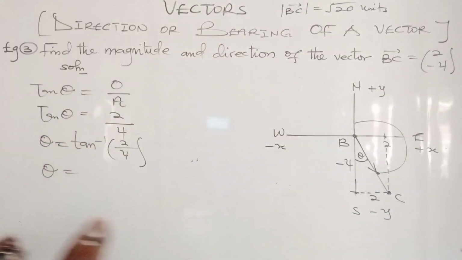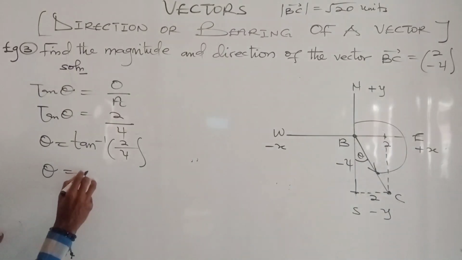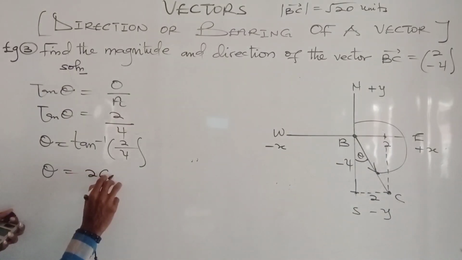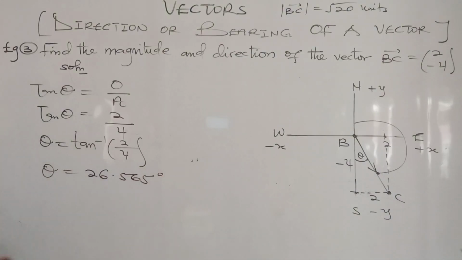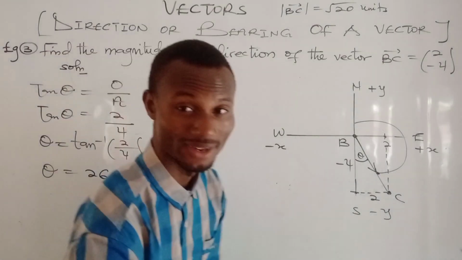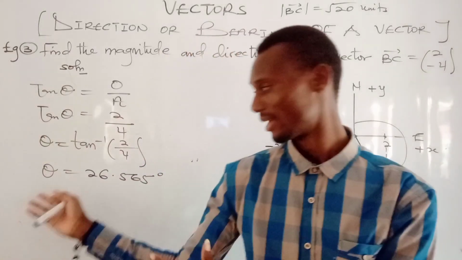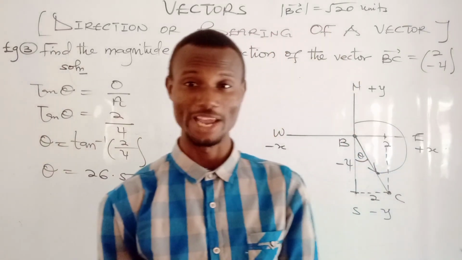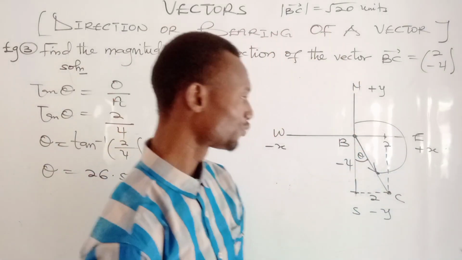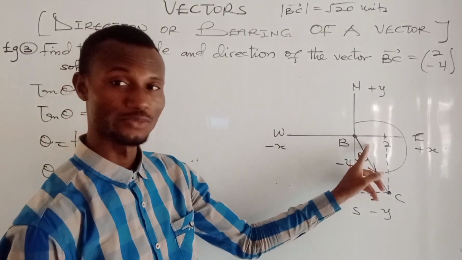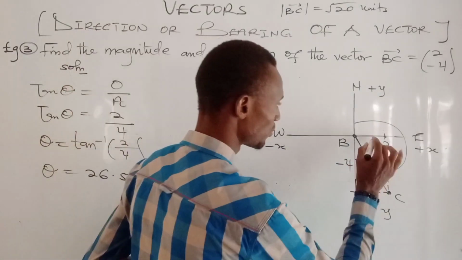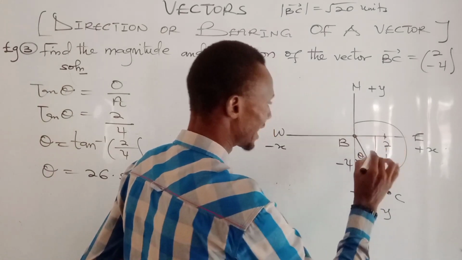So I'm going to write 26.565 degrees. This is my value of the angle theta. I hope you understand and you agree with me up to this point. So now we can find the angle which is supposed to be here. The angle which is supposed to be here, we can now get it.